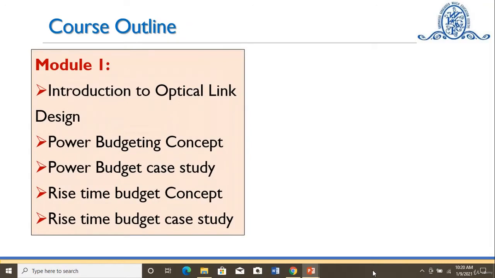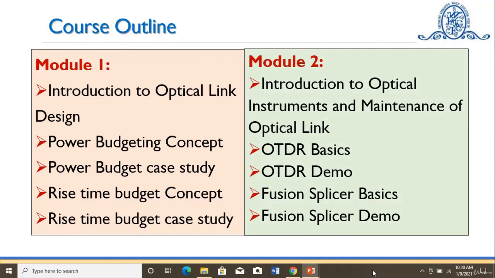This is the outline for the course. There are two modules. In the first module, we will study the optical link details and the design, and then we will perform the power budget and rise time budget to design the fiber optic link. In the second module, we will study the optical instruments and their use for maintenance.